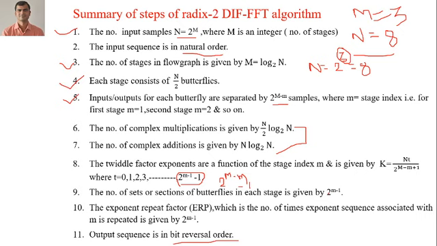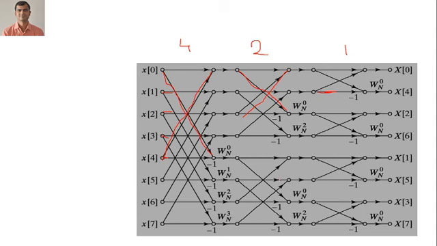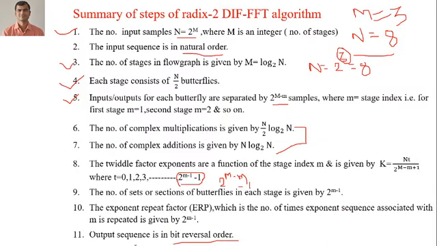If the value of m is equal to 2, so 2 raised to 2 minus 1, so 2 raised to 1 becomes 2. So here we'll be having only one section. As you see here we'll be having two sections, one section and two section, and here we'll be having four sections, one section, two section, third section and four section. So that is about point number 9.